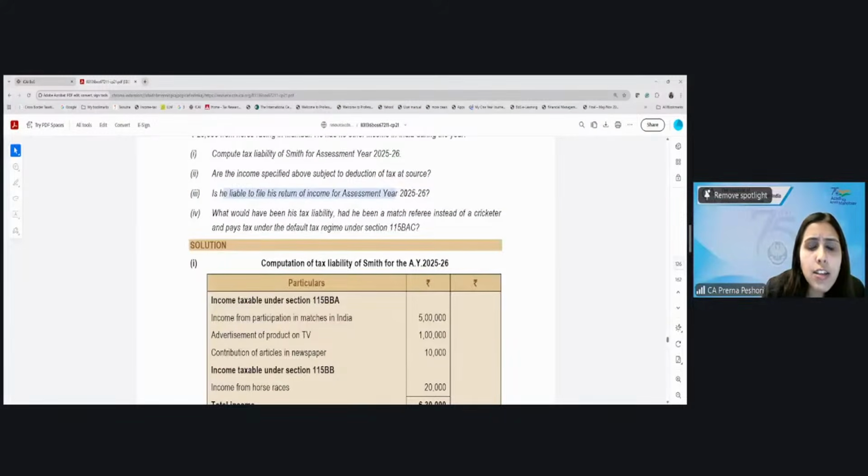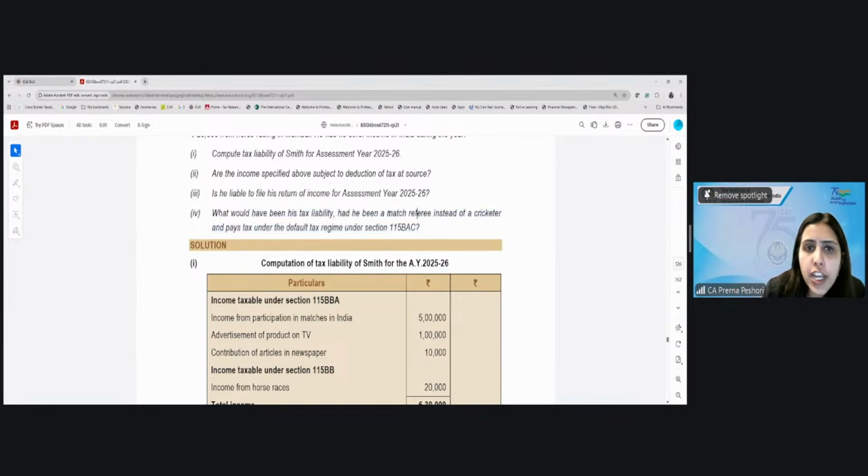Is he liable to file his return for the AY 25-26? Yes, because he doesn't have only the income under 115 BBA, he has also the horse race income. What would have been his tax liability had he been a match referee instead of a cricketer and pays the tax under default tax regime under 115 BAC?